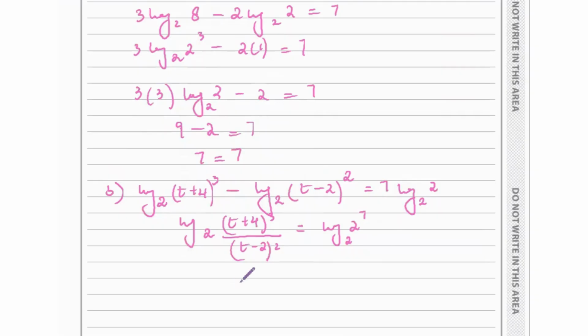The two logs get cancelled out and we're left with (t plus 4) whole cube divided by (t minus 2) squared equals 2 to the power of 7.